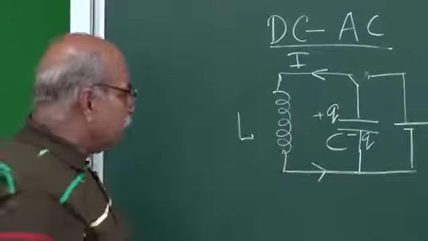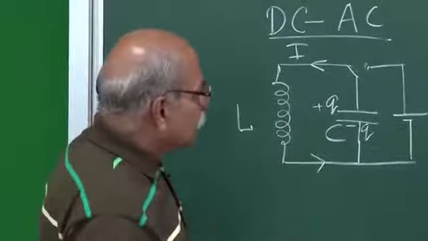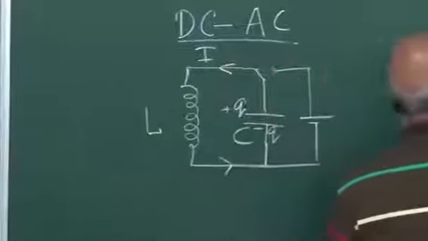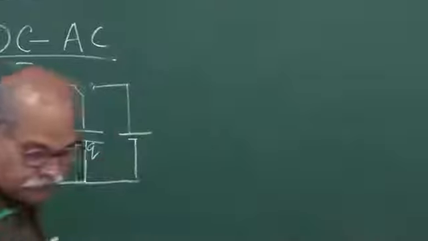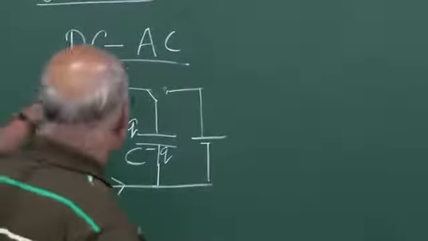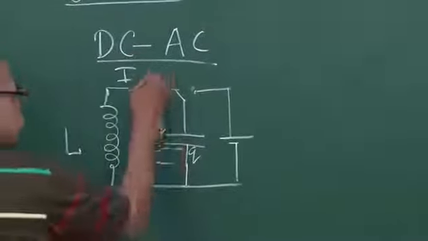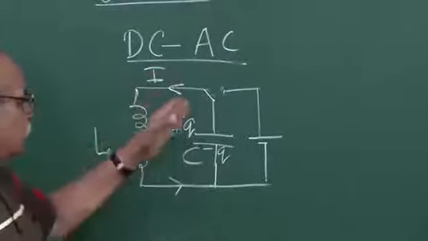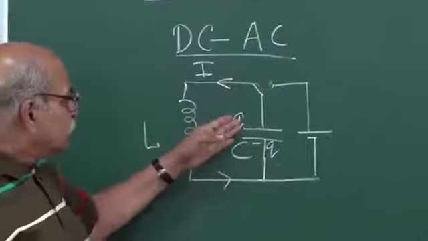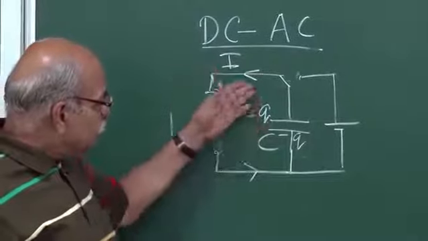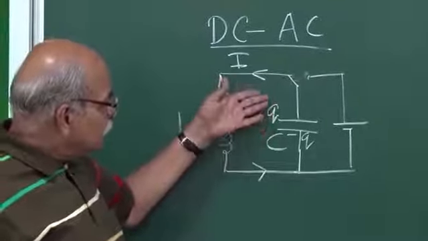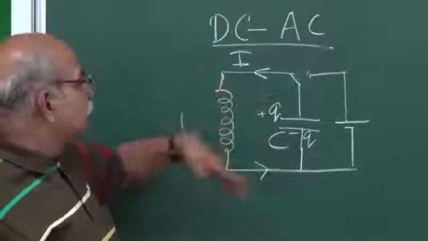If you go by equations, since the current flows here and the charge gets transferred between these two plates, Q is decreasing, and the rate of decrease of Q is also changing.